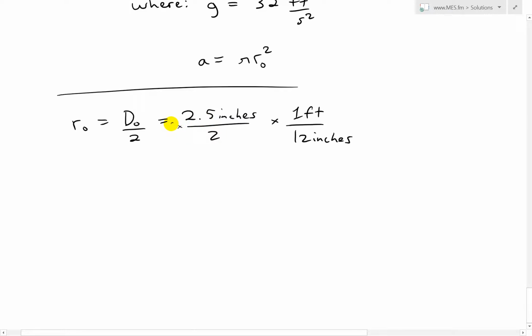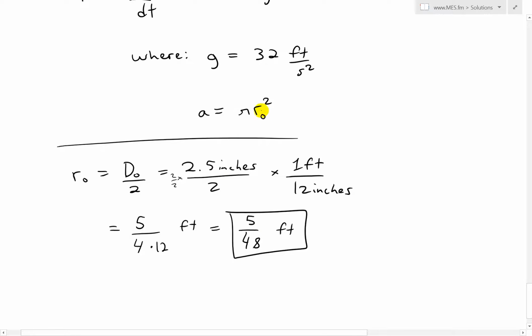We multiply the top and bottom by 2 over 2, so we get 5 on the top, since 2.5 times 2 is 5, and at the bottom we have 4 times 12, which is 48. So this equals 5 over 48, and it's in feet.